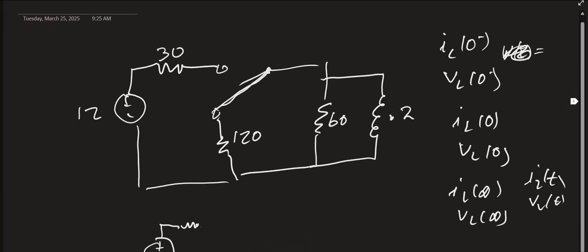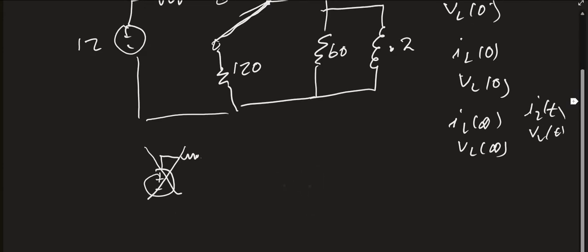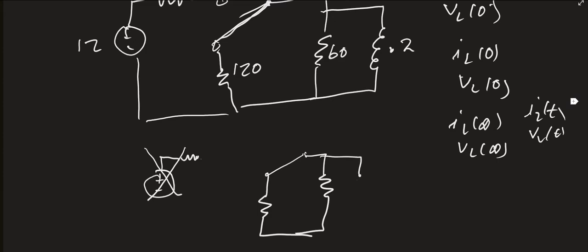It was in this position? Okay, so that means that this part of the circuit's not doing anything. So before 0, it looks like this. So this makes before 0 easy.